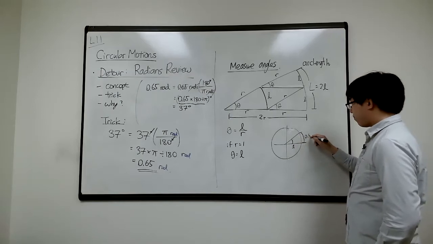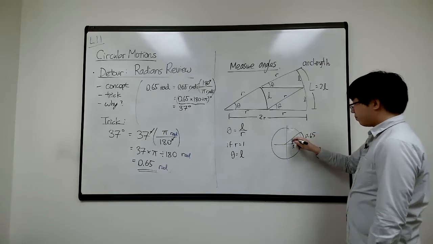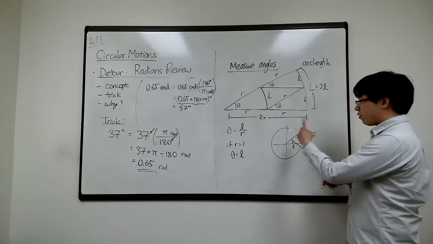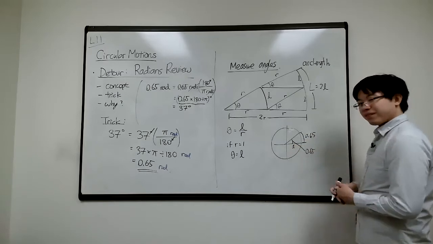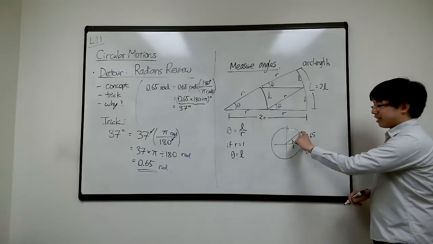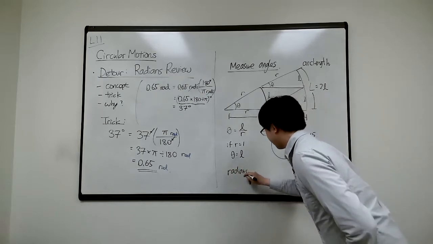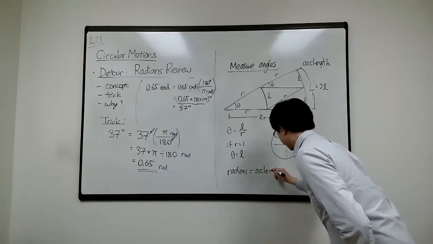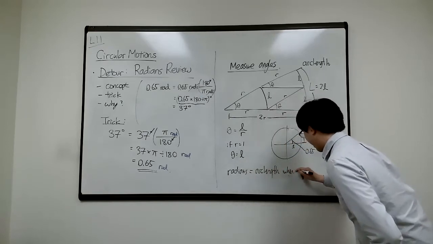If it's 0.65, that means this angle is 0.65 radians. I don't need to convert that to degrees. That's what radians is. It's the arc length. So radians, in some sense, if I write it in words, is the arc length when the radius is 1.